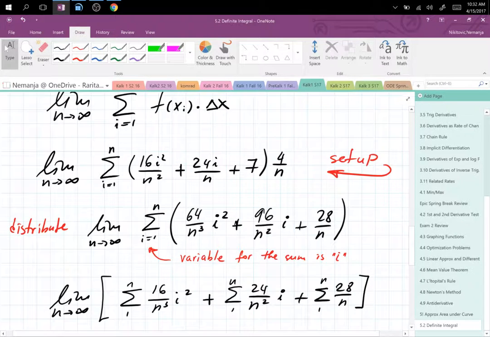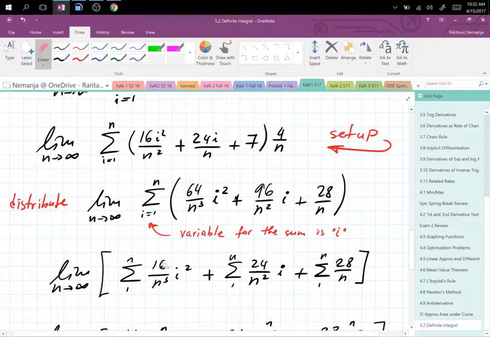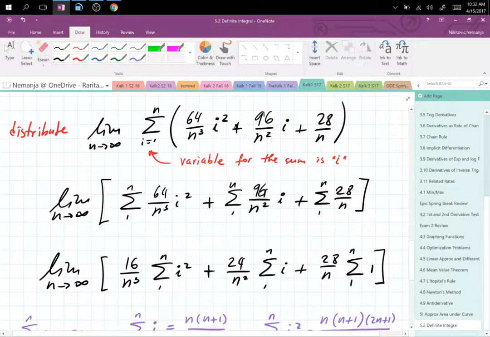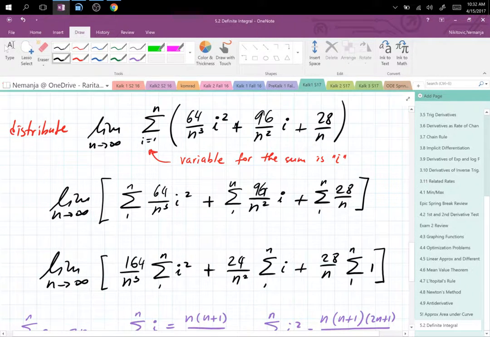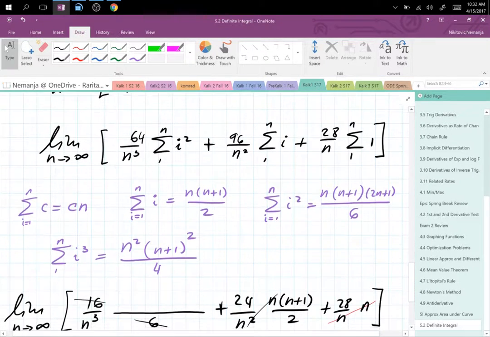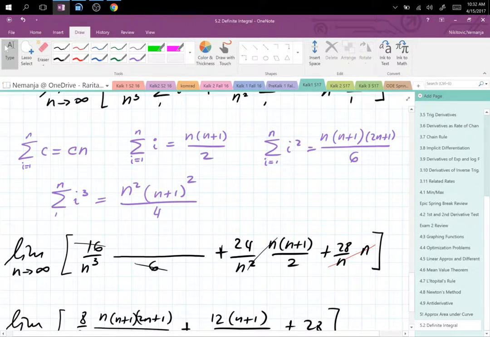Exactly, 96. So we have a 64 over here, 96 over here. So this is supposed to be 64.